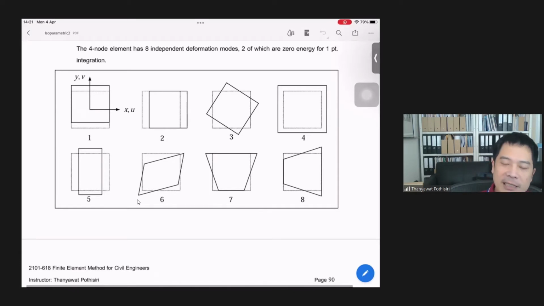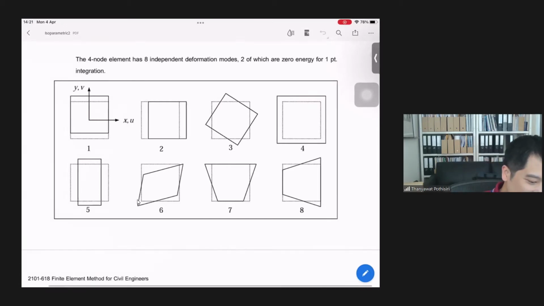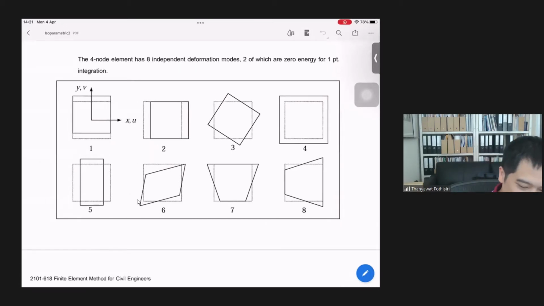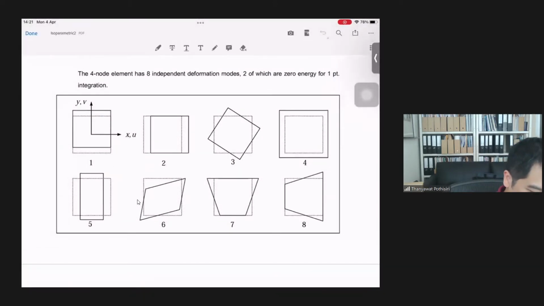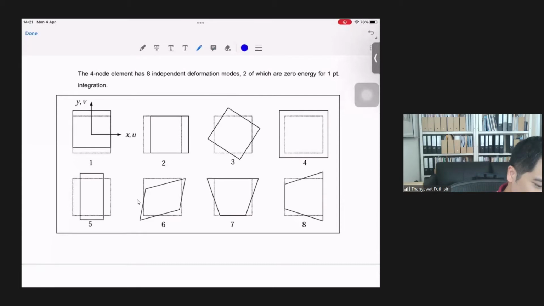Now you see that if you look at these deformation modes for a rectangular element, okay, the first three modes here, this 1, 2, and 3, these are rigid body movement, right?